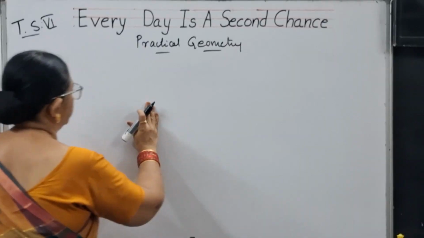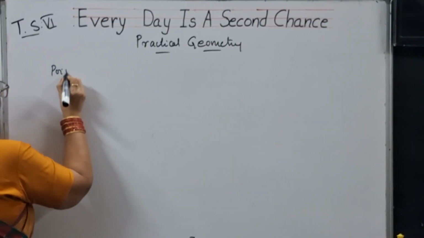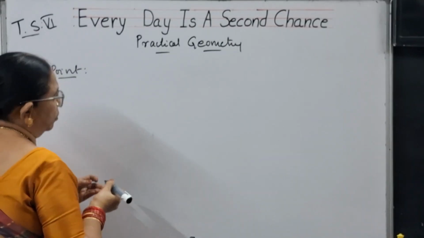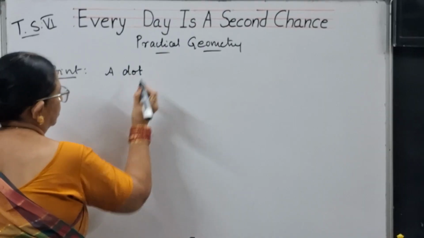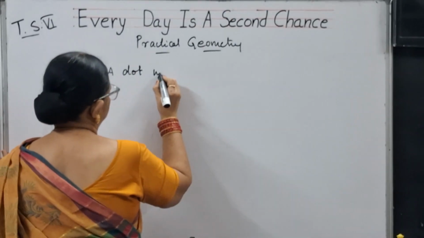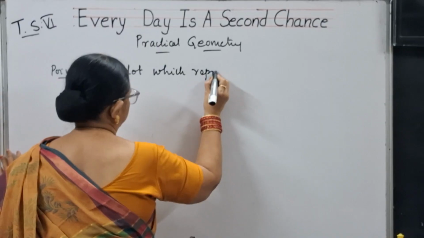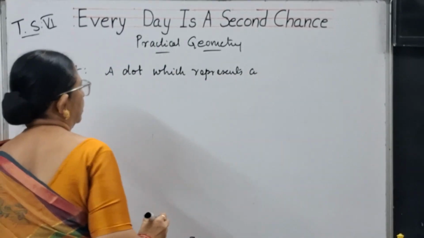Usually, in geometry, the first one which you should know is about a point. What is the meaning of a point, children? A point is nothing but a dot which represents a position.